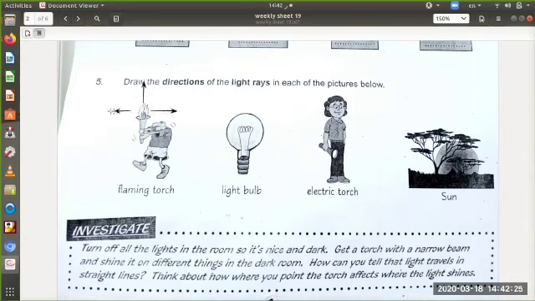Okay, for the light bulb, like this, as much as I can, like this, like this. Electric torch, like this. For the sun, okay. Okay, the next question.